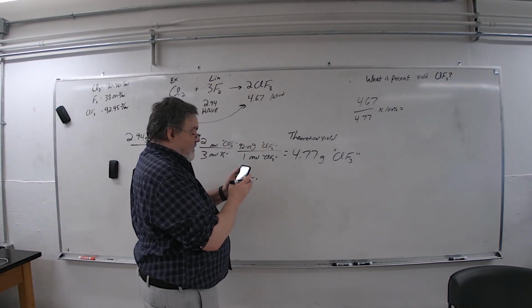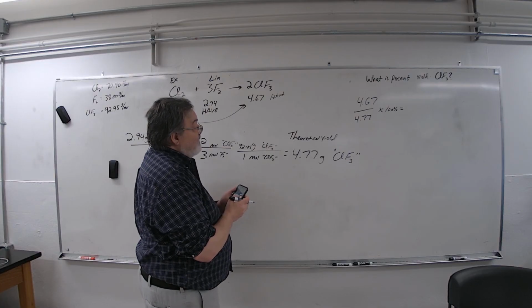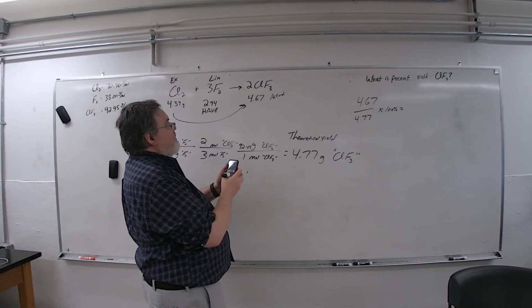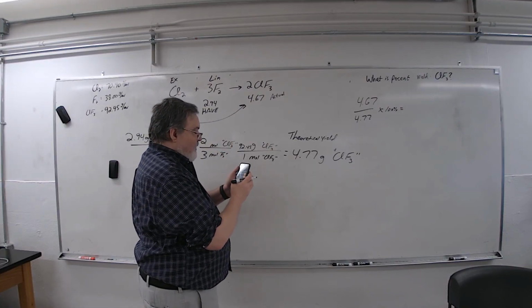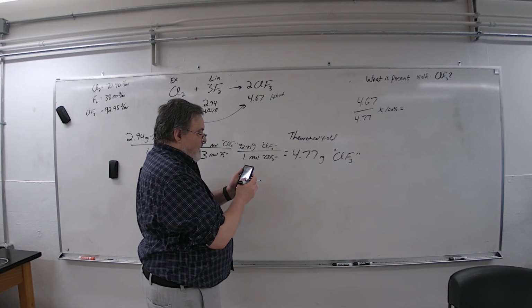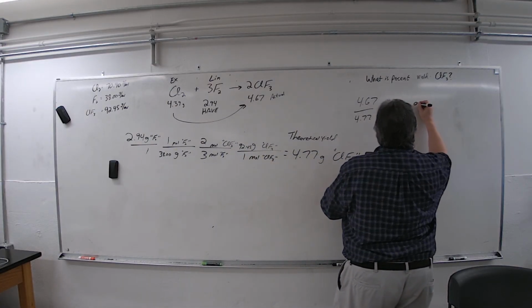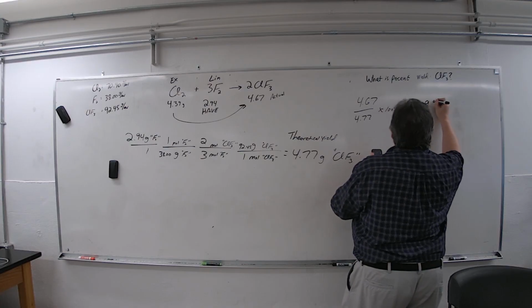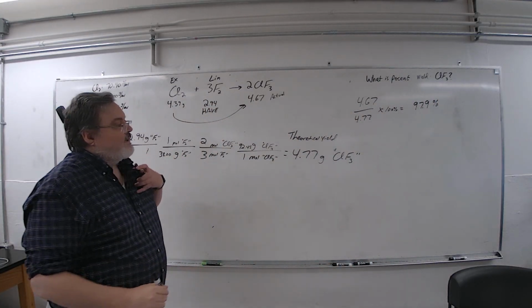Did that wrong. 4.67. Actual. Oh, no, this is fine. Okay, never mind. I have less actual. 4.67 divided by 4.77 equals that times 100. We get a nice round 97.9%. Yeah, that's fine.